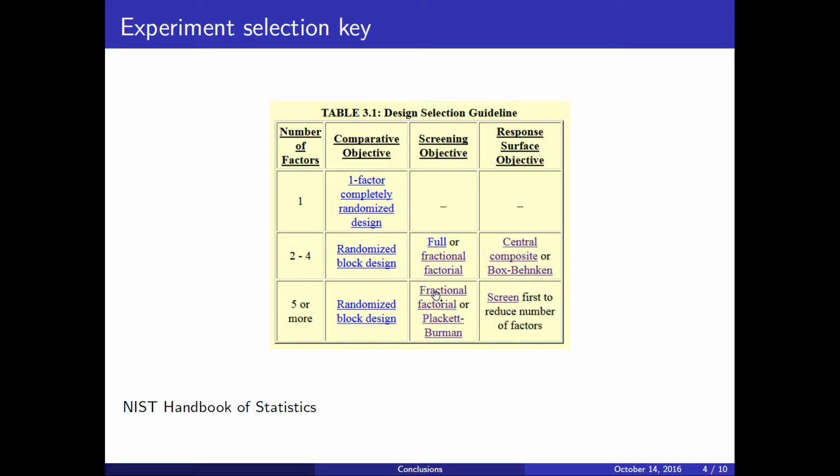Full factorial, if you have a low number of factors, or fractional factorials, if you have a large number of factors, would be fine. And if you have continuous variables, then you should use one of these response surface designs that we have seen.